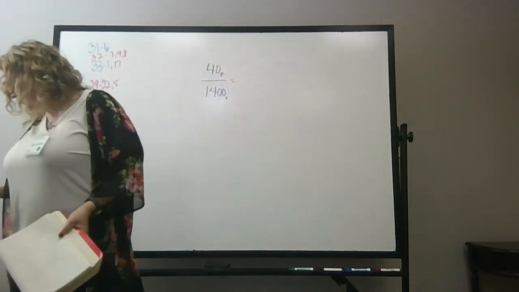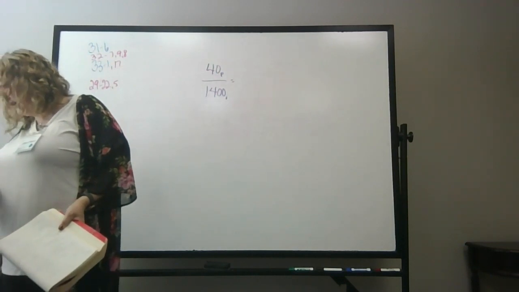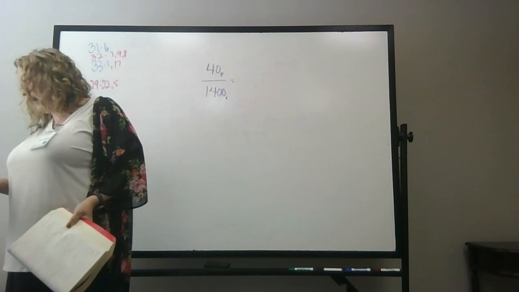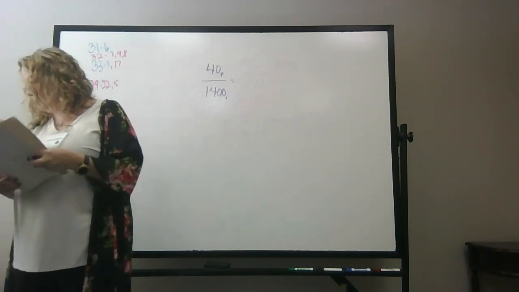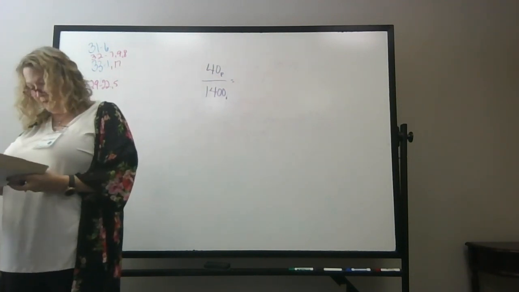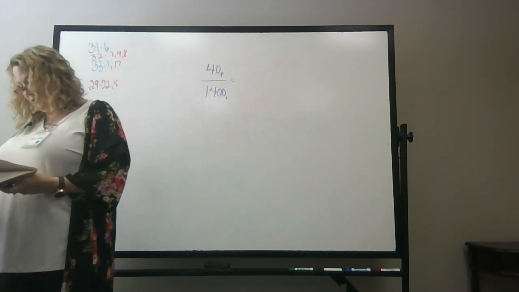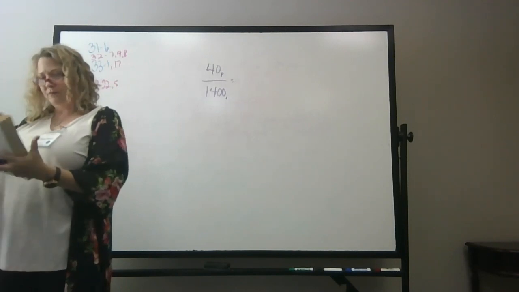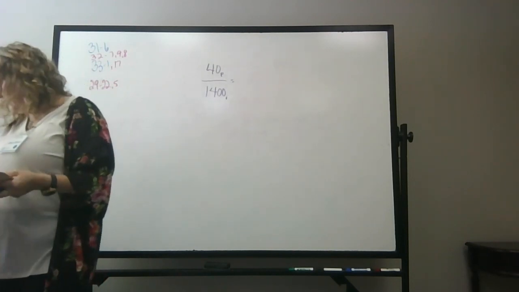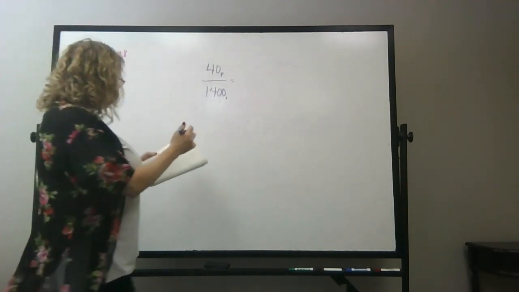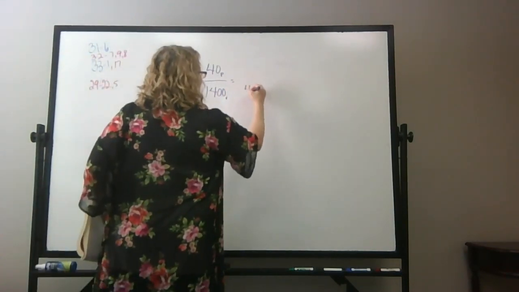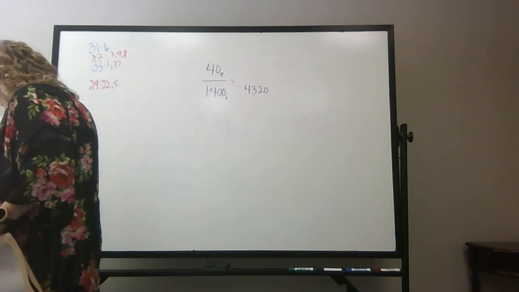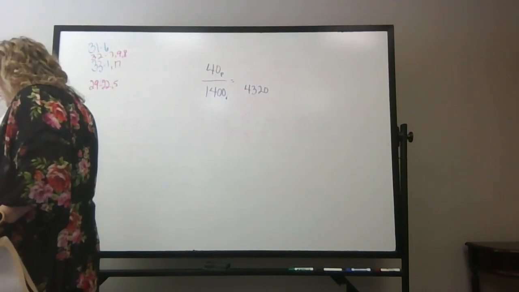All right, and then the rest of the problem says if 4,320 grams of the compound were needed, how many grams of potassium were required? Okay, so here I've got down here this 4,320. Okay, excuse me.